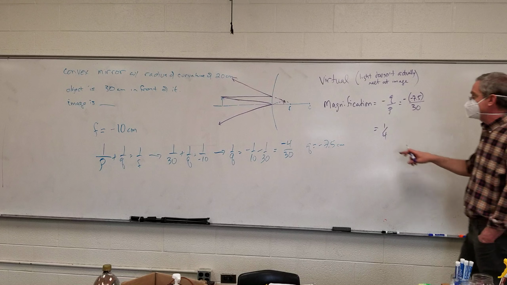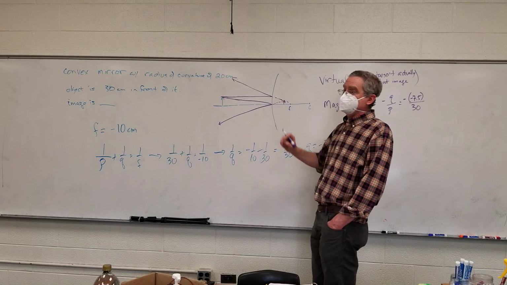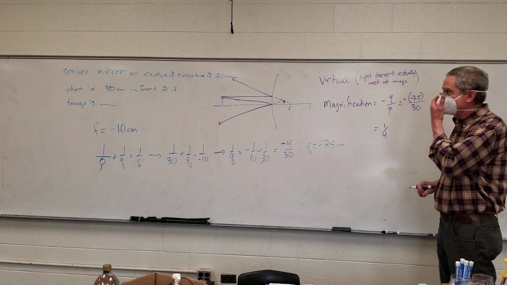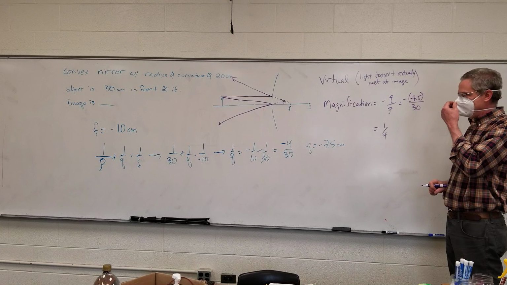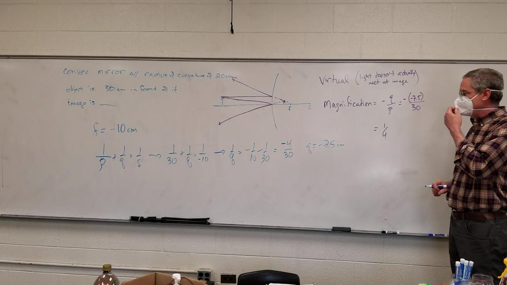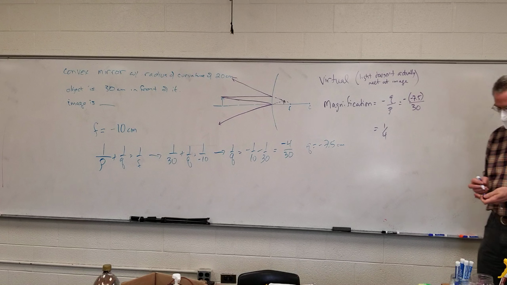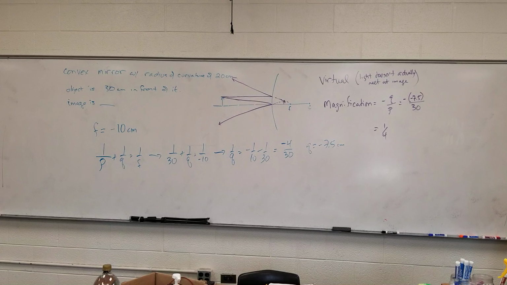And because my magnification is positive, it is pointed in the same direction as the object. So we know magnification, we know position, and we know the nature of it, the fact that it's virtual and upwards. I think.